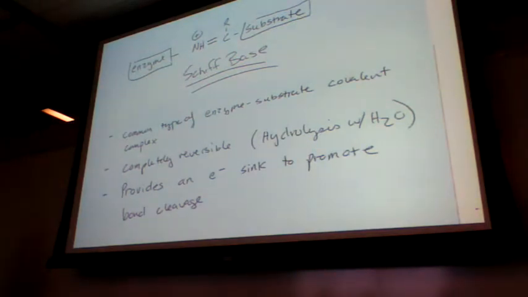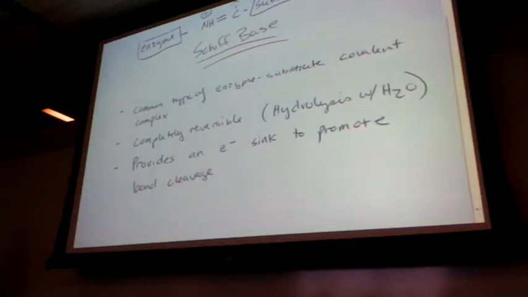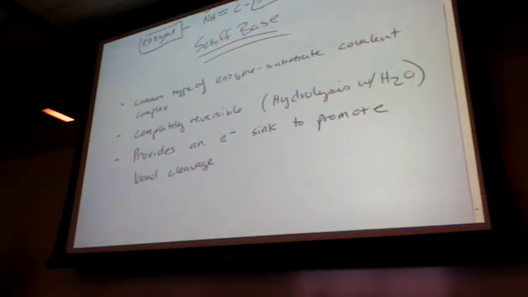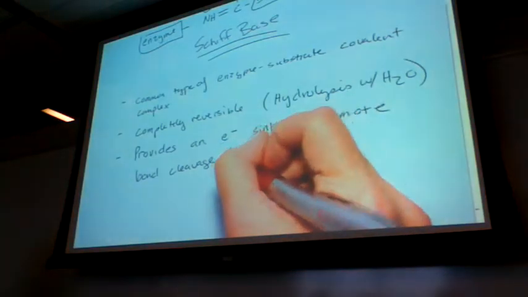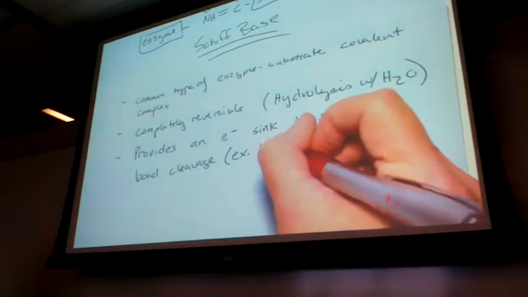And so if you form a Schiff base during your reaction, it's a great way to promote carbon-carbon bond cleavages. And that will make more sense when we do the first example. For example, a decarboxylation.